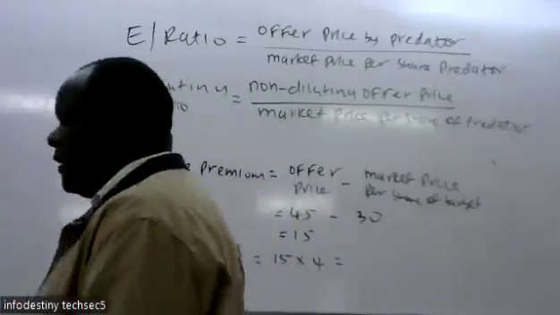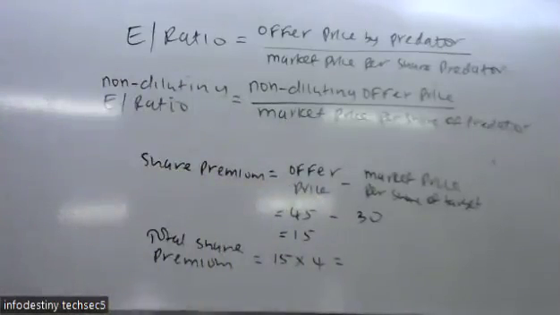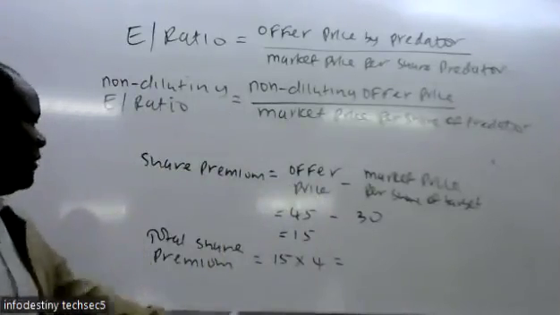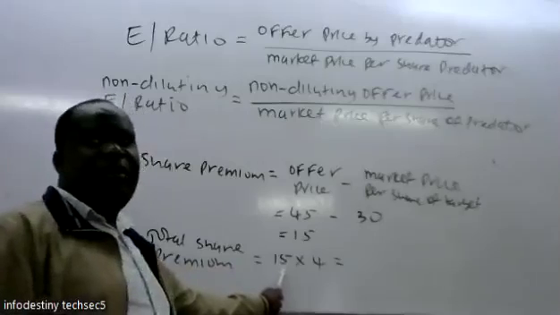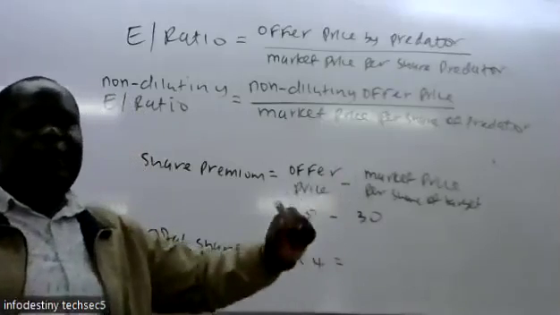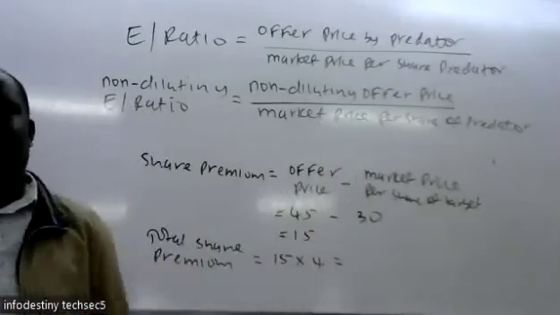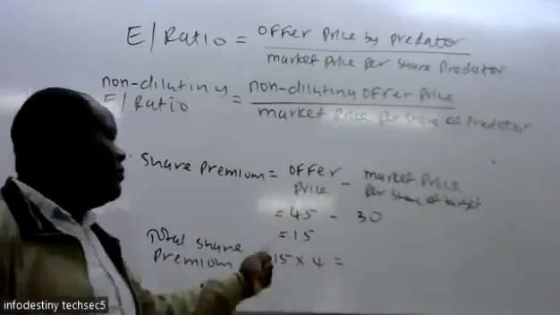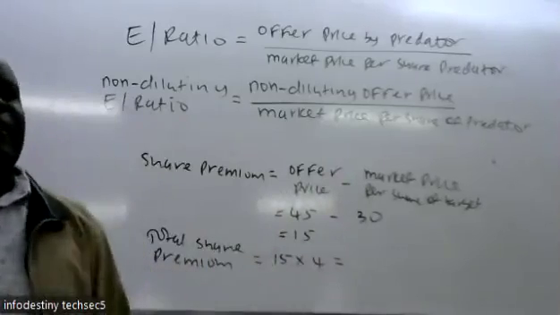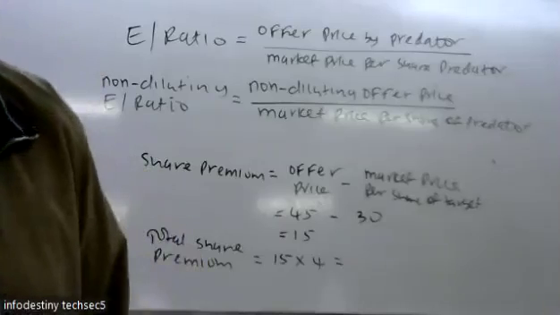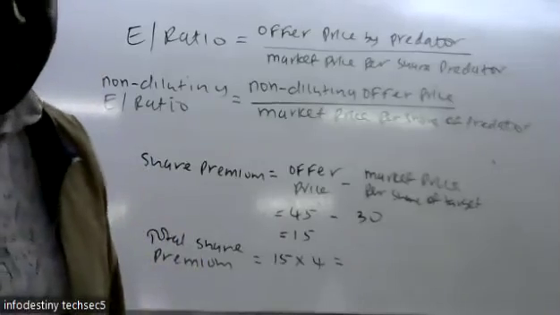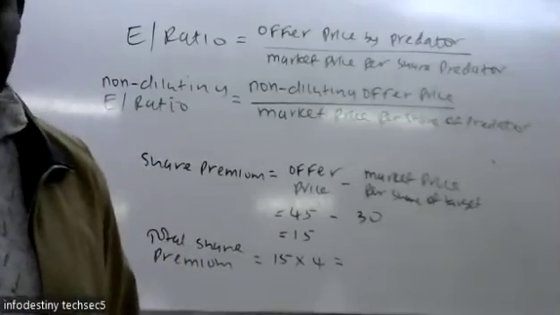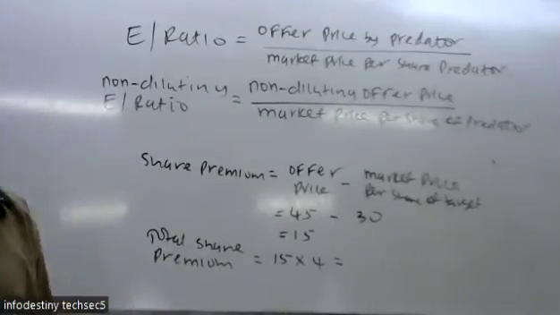Remember, the predator was offering 3 shares in order to acquire 4 shares of the target. So this is the share premium per share. But how many shares were there for the target at the exchange ratio? There were 4 of them. So you take 15 multiplied by 4.